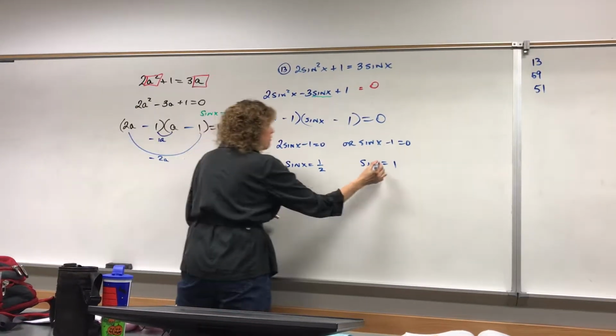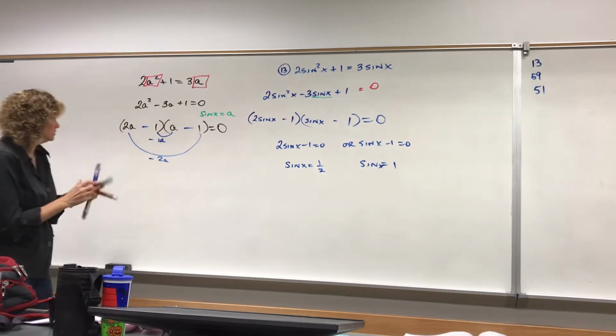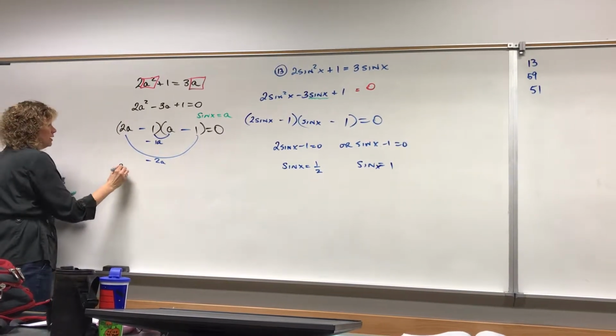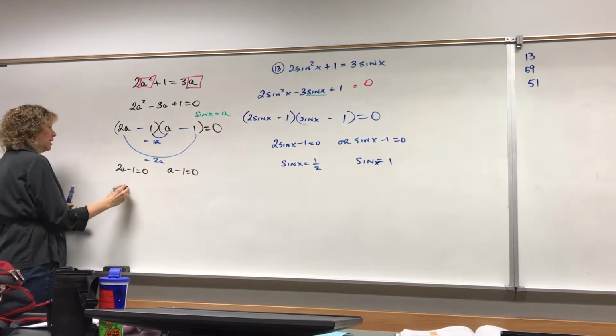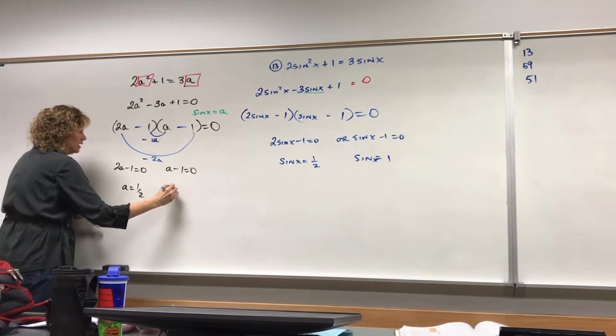Don't lose your x. Over here, if we say 2a minus 1 equals 0 and a minus 1 equals 0, we get a is 1/2, a is 1.